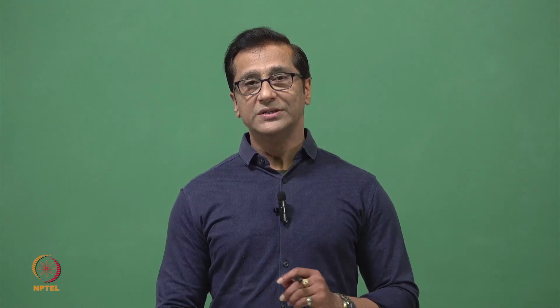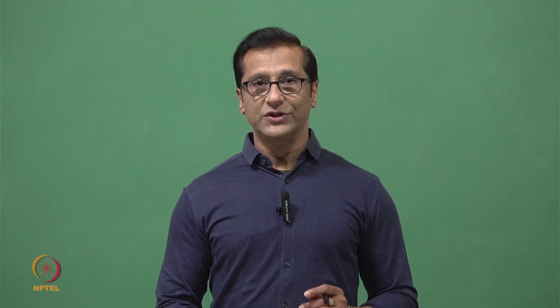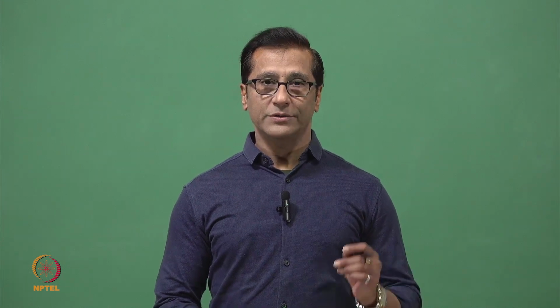Those results are only specific to a location, and when we go for multivariate analysis, we require many conducted tests, or whatever data we have. That's the beauty of machine learning. And if you have very big data, how do we extract the right features and then make the right models? That's why we require it.